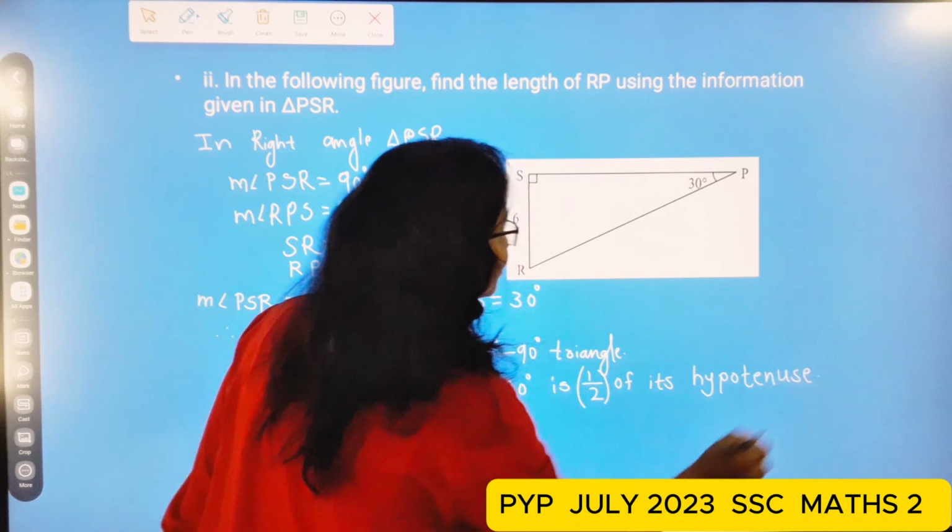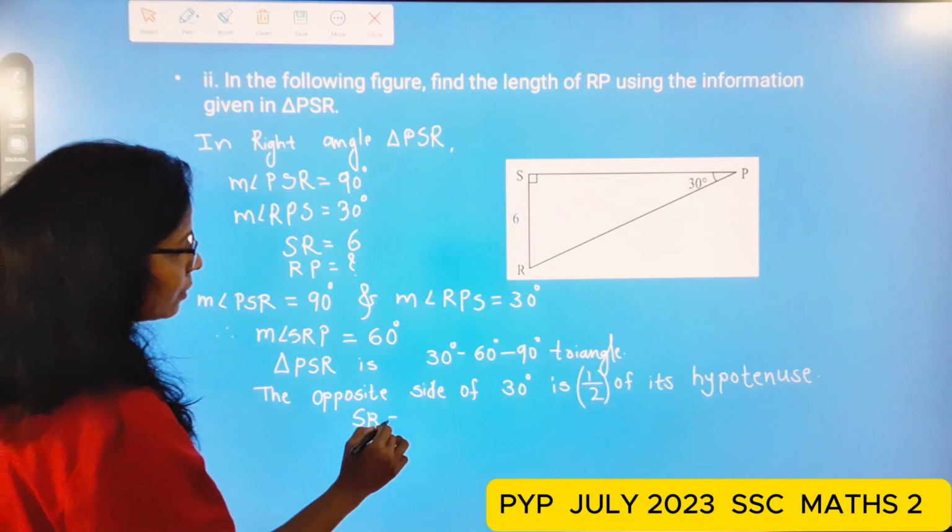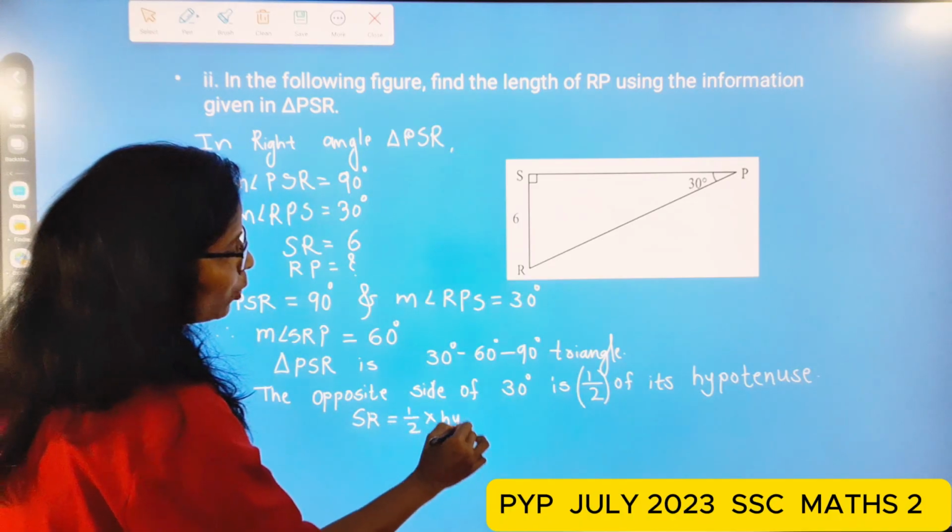So the opposite side of 30 degrees is SR. So SR is equal to half of its hypotenuse.